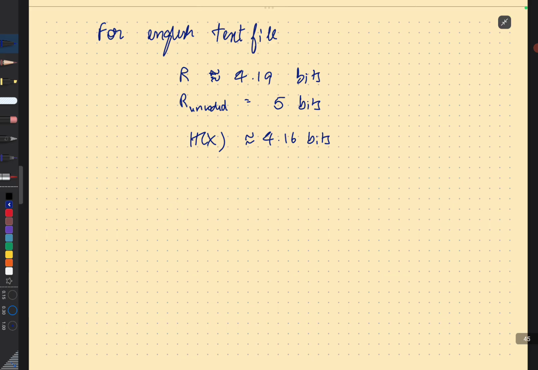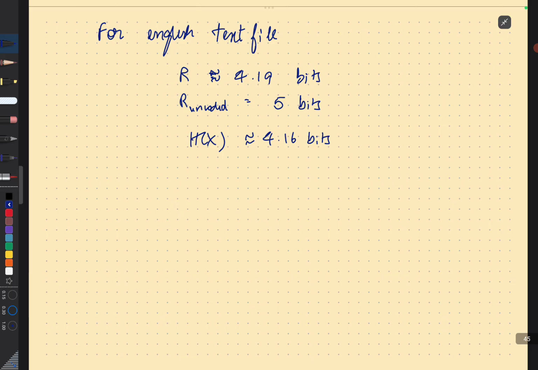So I have a text file, maybe which has 10,000 symbols. I divide them into blocks of 2 symbols each. So the total number of blocks would be 5,000. So I have a 10,000 character long text file. Pairs of characters form a symbol. So now I have a total of 5,000 symbols.